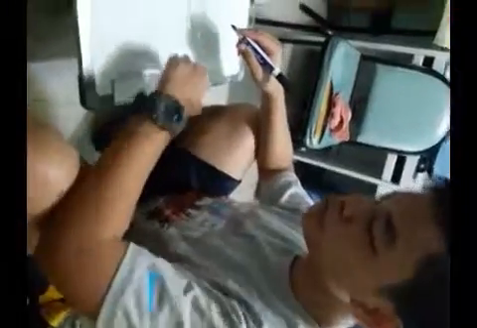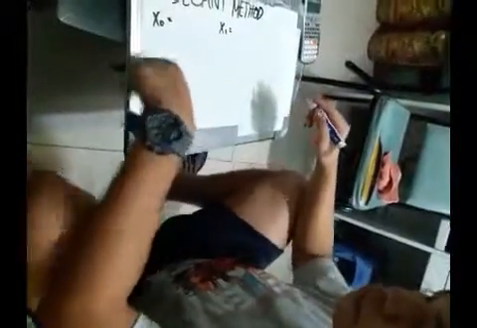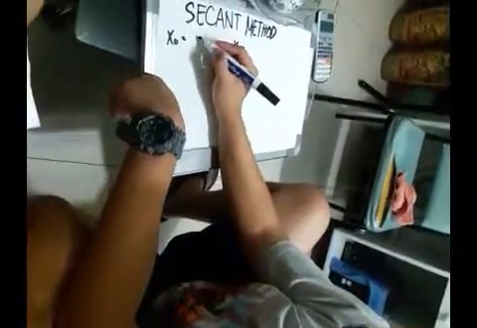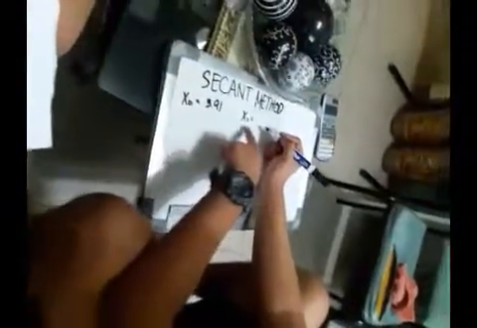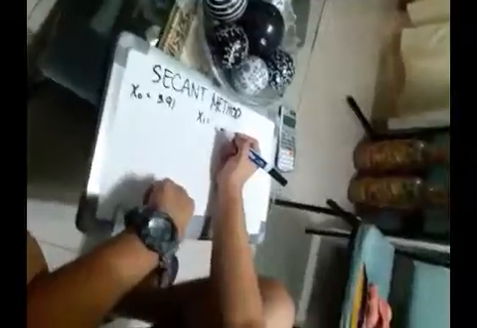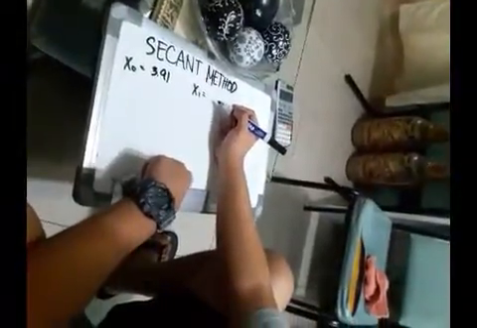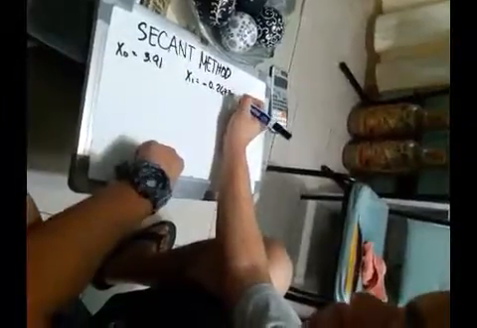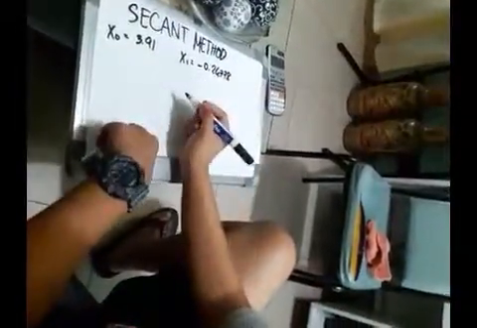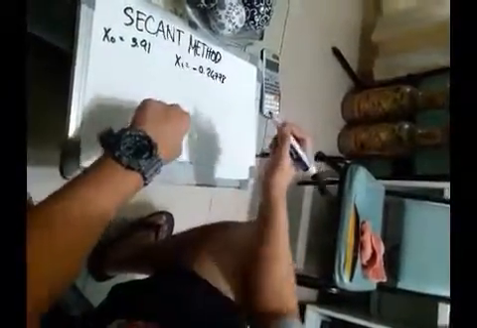Here for the next iteration, our x sub 0 will be 3.91, and for x sub 1 we will be using the x sub 2 from the previous part, which is negative 0.26778. Why? Because there's a shifting that happened.